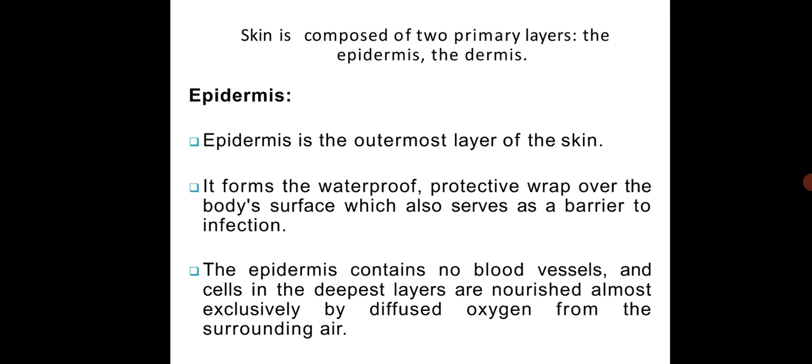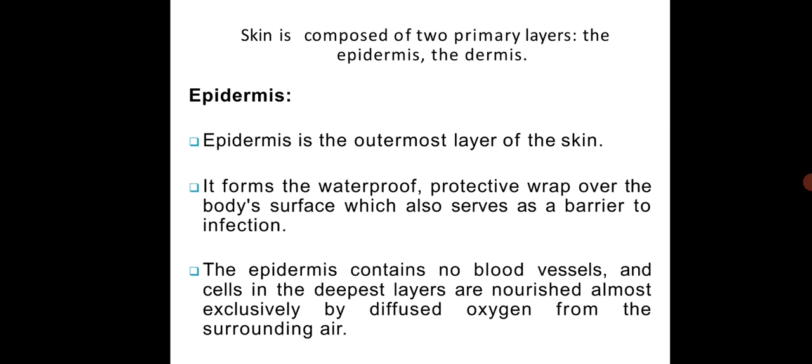This specific layer is waterproof, as well as it protects or wraps over the body surface, and also serves as a barrier to infection. So there will not be any chance that microbes or any pathogens can directly enter through the skin.